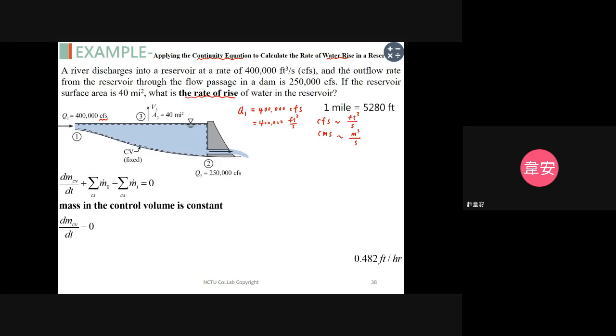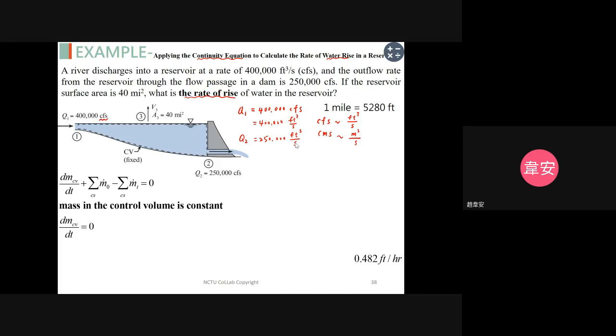We also know the outflow rate for this problem. Q2 is the outflow rate, 250,000 ft cubed per second.